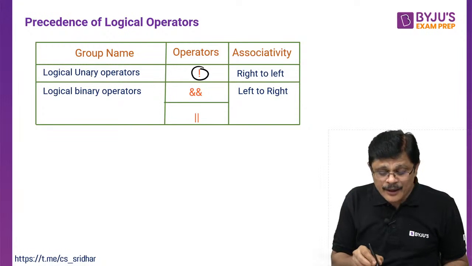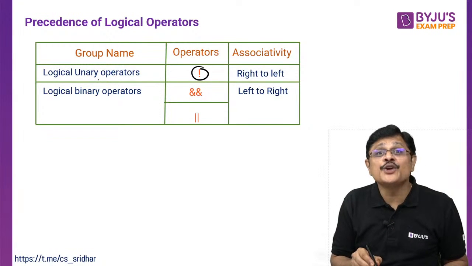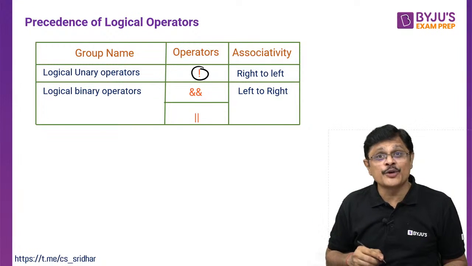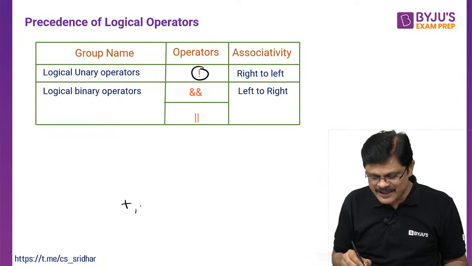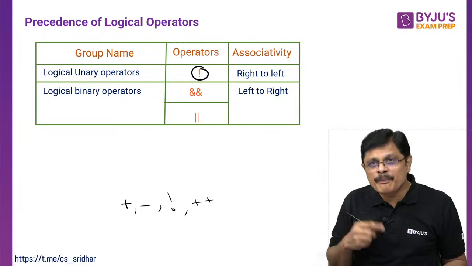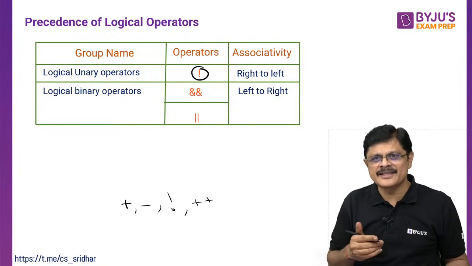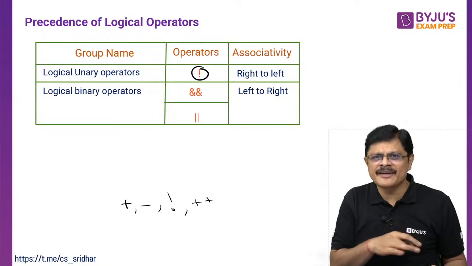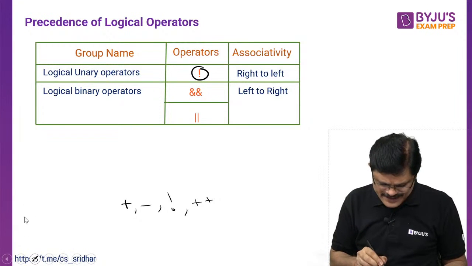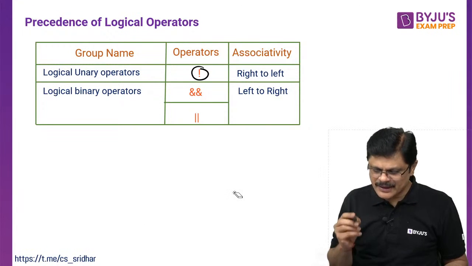Logical not is a unary operator. You can write it in the unary operator list, my dear friends: unary plus, unary minus and not. Later on you are going to see prefix increment and prefix decrement. They all come under unary, my dear friends. Okay, we'll see that. I'll give you all of them.